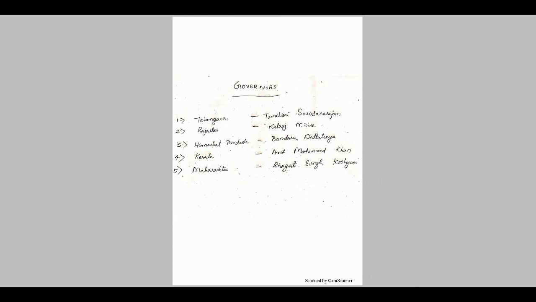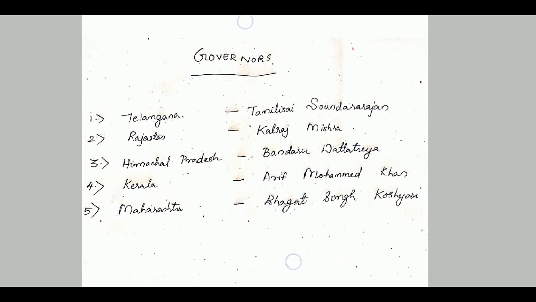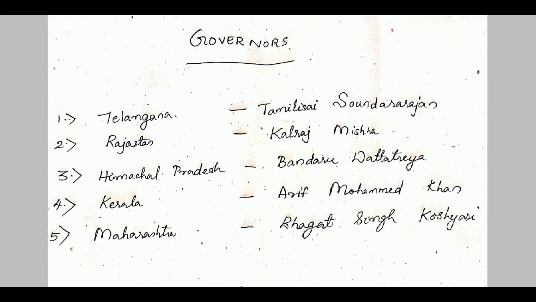So with this we have come to the end of the portion, mirror images. Now let us see some general facts. First, let us see some important appointments, that is recently appointed governors of states. First is Telangana. Tamilisai Soundararajan is appointed as the governor of Telangana. Kalraj Mishra is appointed as the governor of Rajasthan.